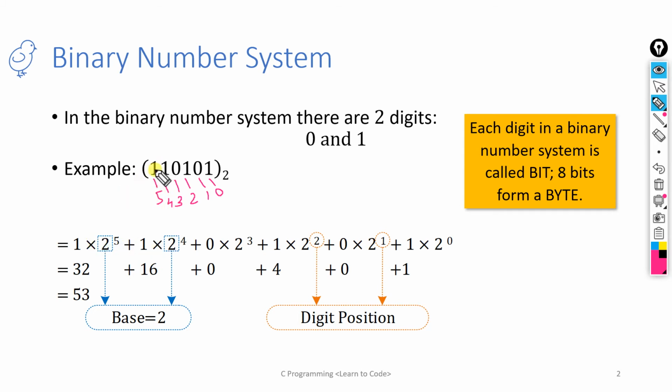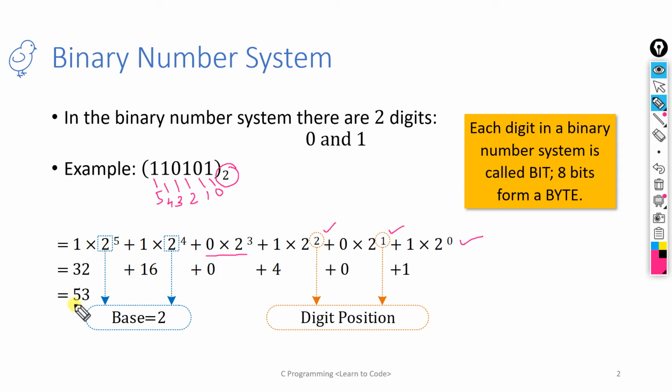Now we multiply 1 into 2 to the power 5, where 2 is the base, plus 1 into 2 to the power 4, plus 0 into 2 to the power 3, then 1 into 2 to the power 2, then 0 into 2 to the power 1, plus 1 into 2 to the power 0. In this operation the exponents represent the digit positions, and the 2 represents the base.